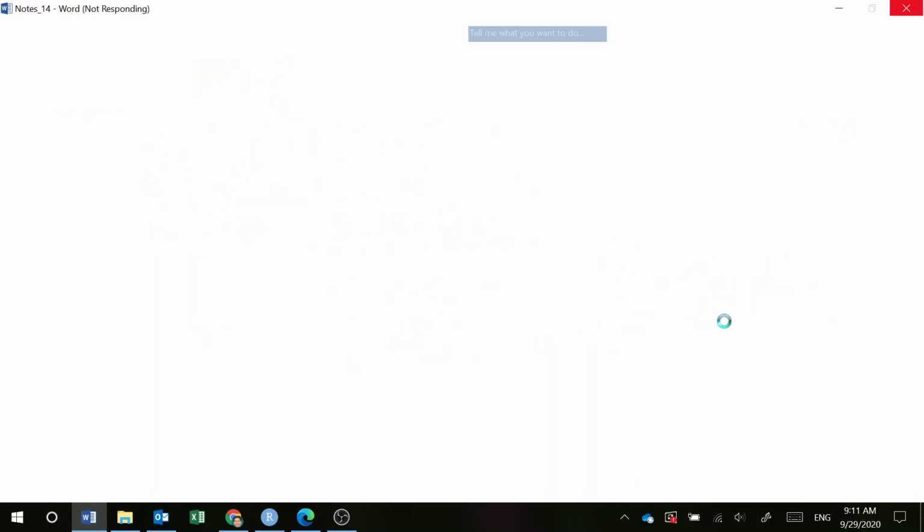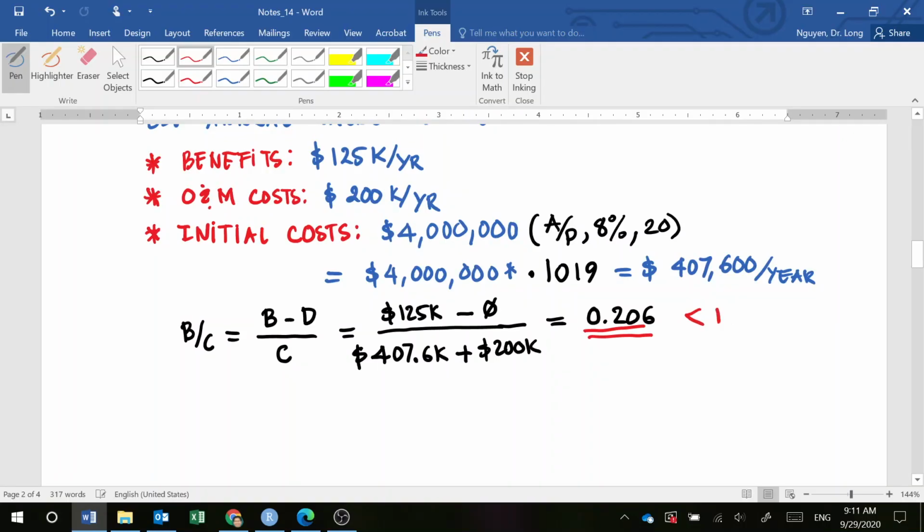If it's less than 1, we can say it's not financially viable. So this project is not viable.